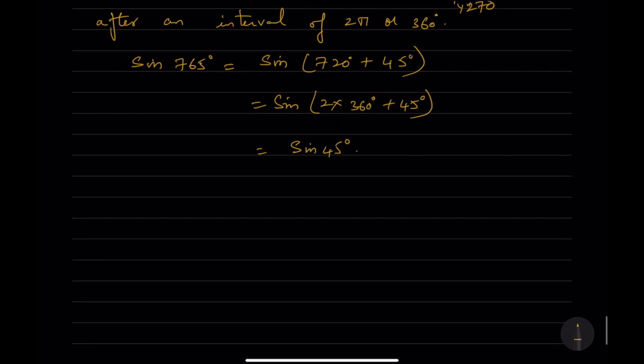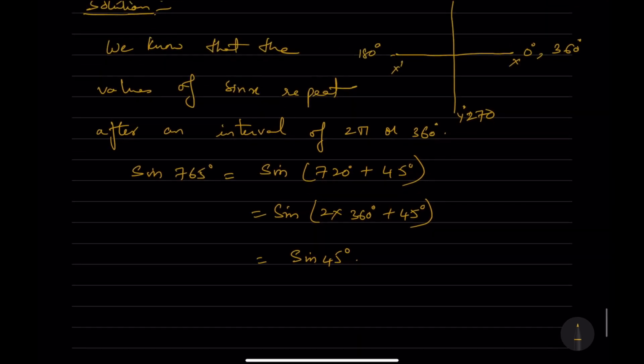So you have sine of 360 plus 45 is nothing but sine 45, because for sine of 180 plus or minus theta, for sine of 360 degrees plus or minus theta, the trigonometric functions won't change.